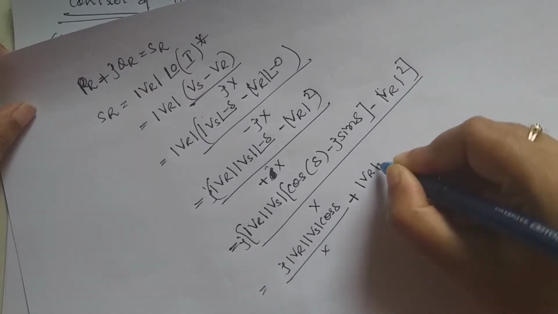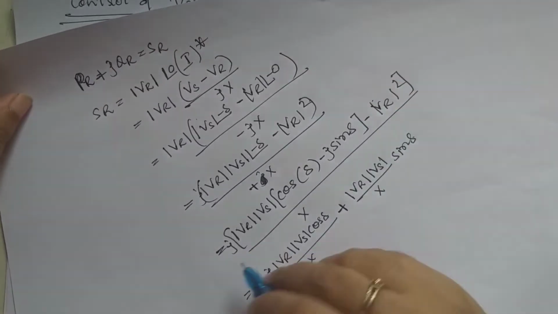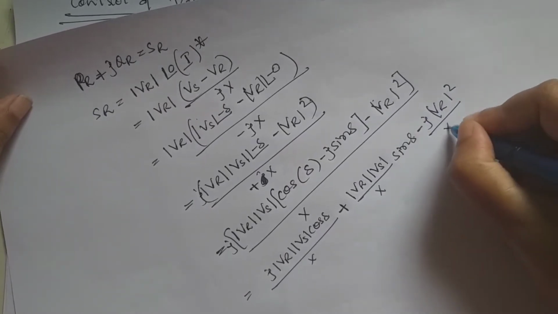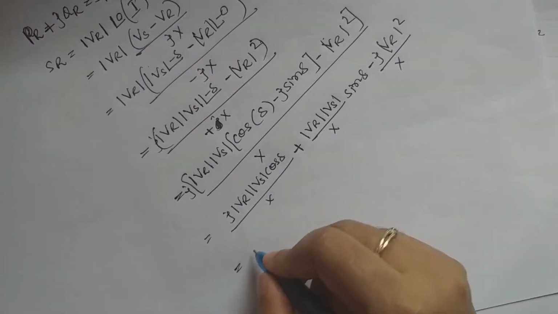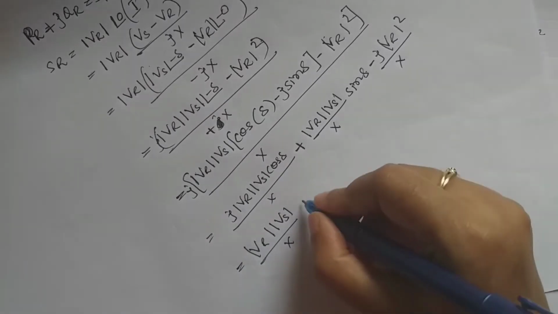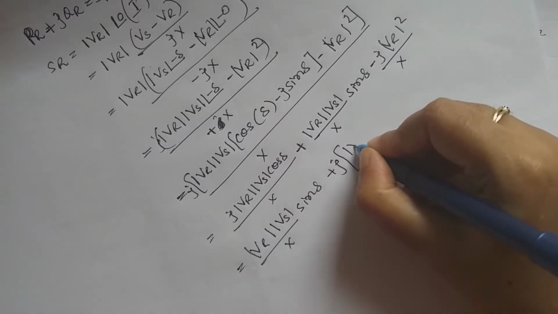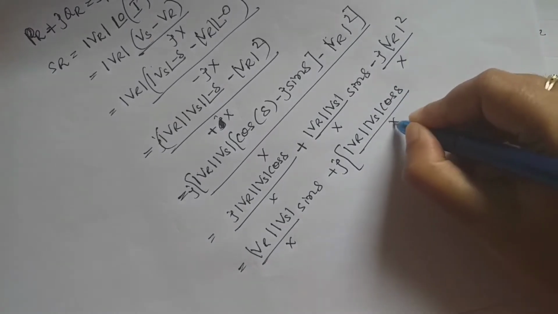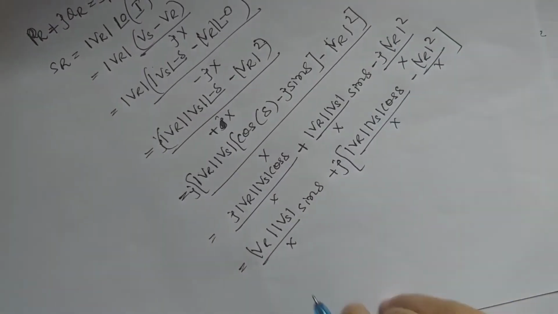So VR Vs divided by X sin delta minus j VR square divided by X. Writing the real part on one side and the imaginary part on the other, we get VR Vs divided by X sin delta plus j, taking j outside, (VR Vs cos delta divided by X minus VR square divided by X).